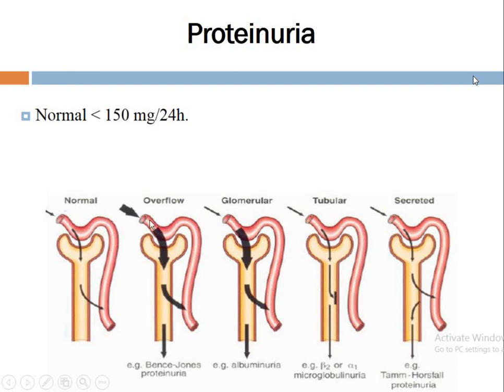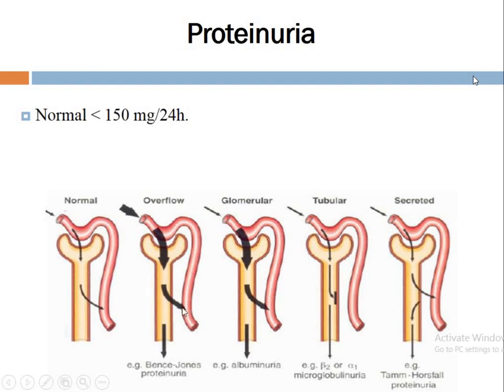These Bence Jones proteins will increase the amount of proteins which are coming and which are filtered. You can see this arrow was the normal amount that was filtered. Now as the Bence Jones protein concentration in plasma is increased, you can see a large amount of proteins is coming into the tubule, and a large amount of it is also reabsorbed, but you can see here a large amount is also coming into the urine.